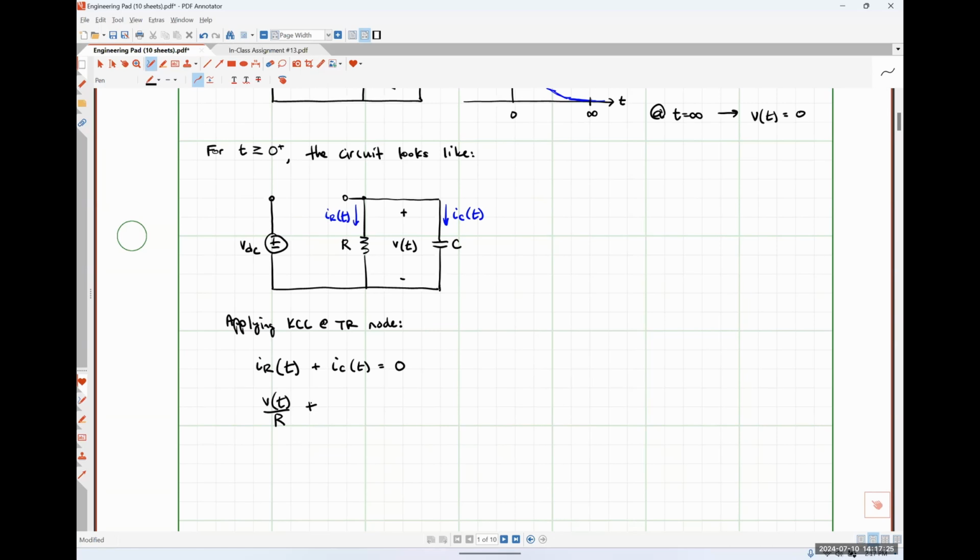The current in a capacitor is equal to C times the derivative of the voltage across the capacitor with respect to time. That's equation 1 for Monday. Okay? And this will still be equal to 0.